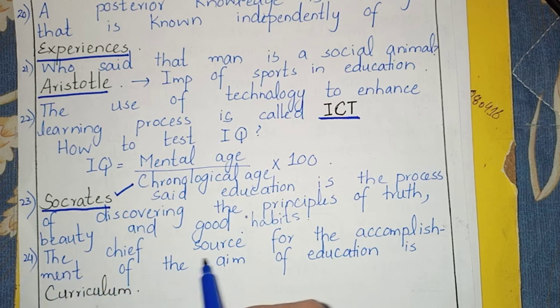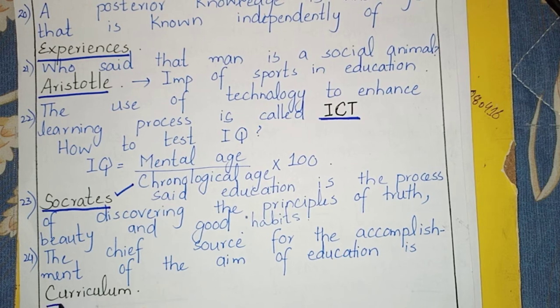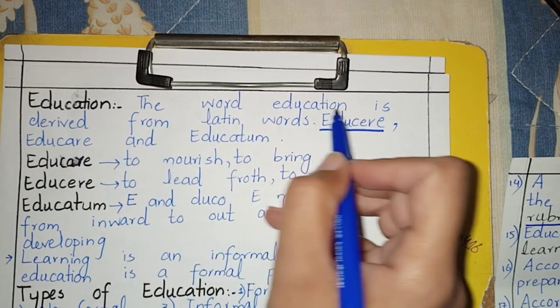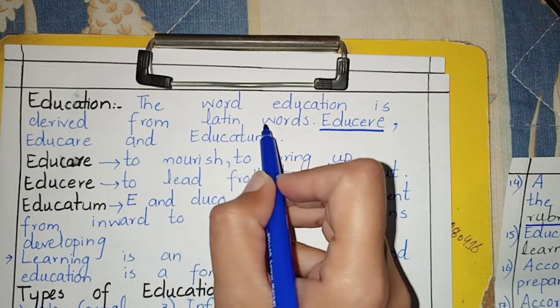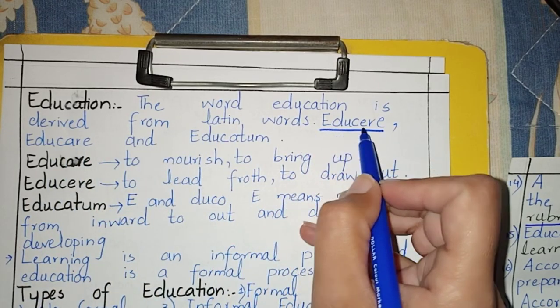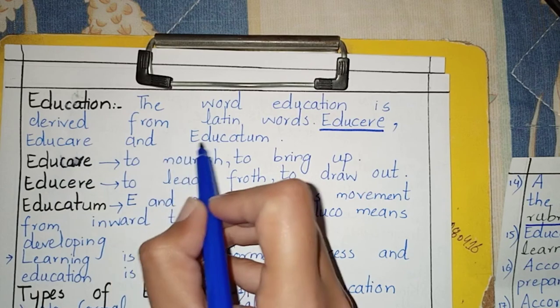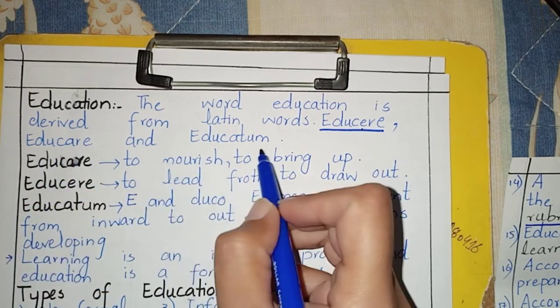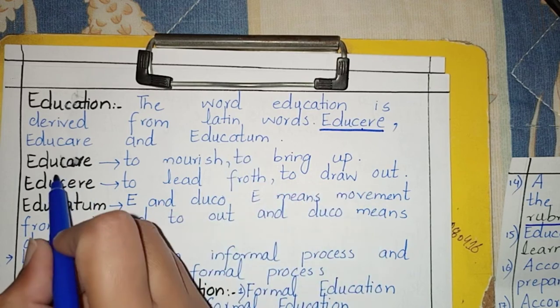Question number 24. The chief source for the accomplishment of the aim of education is curriculum. Now, education. The word education is derived from the Latin words educere, educare and educatum. Here there is a difference of E, here it is A, and it is educatum.